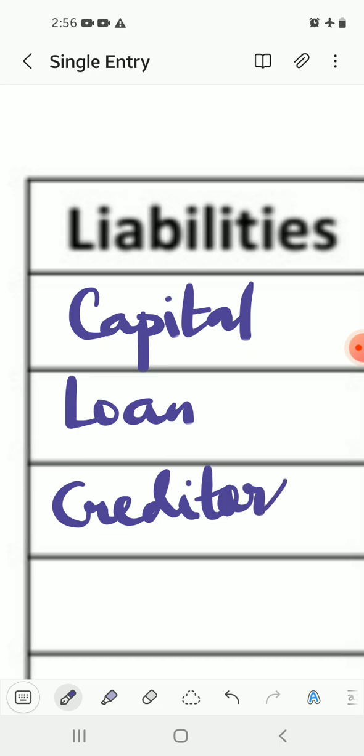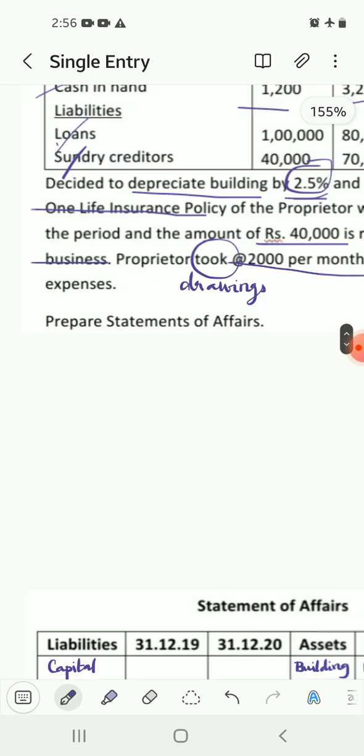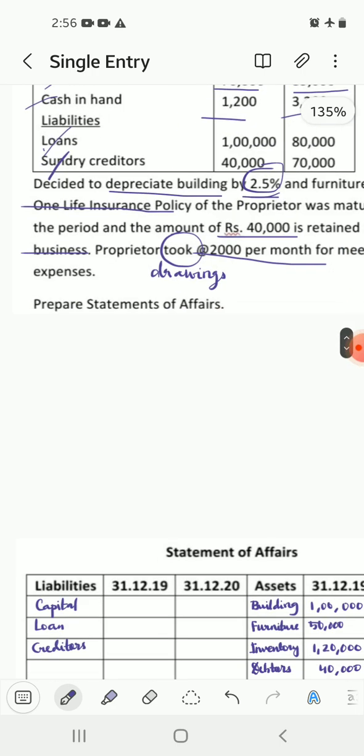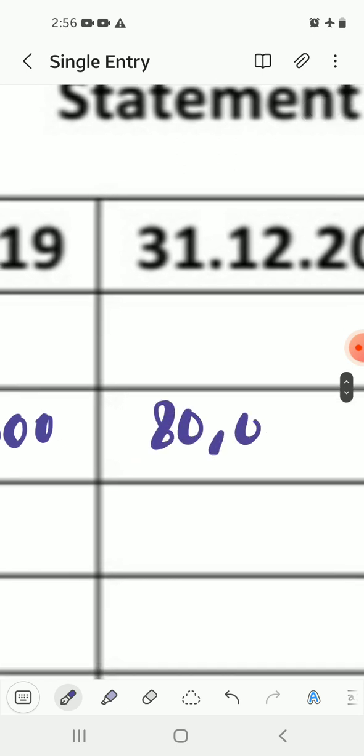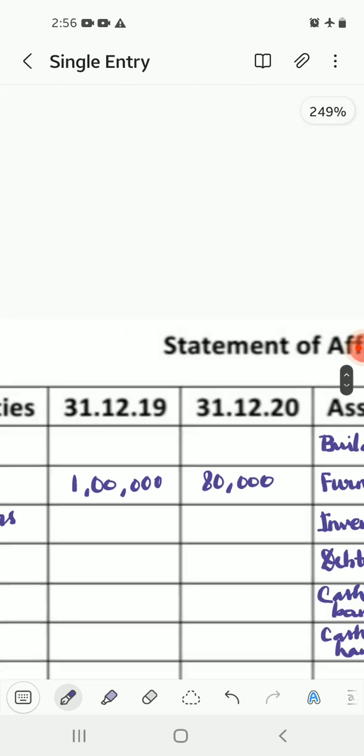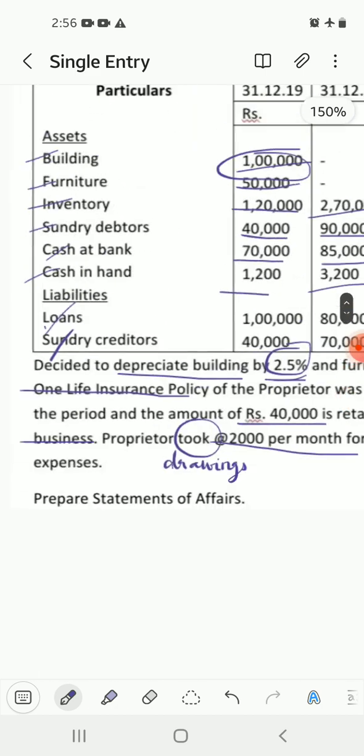I'm writing it as creditors. Now loan is 1,80,000, and creditors are 40,000 and 70,000.